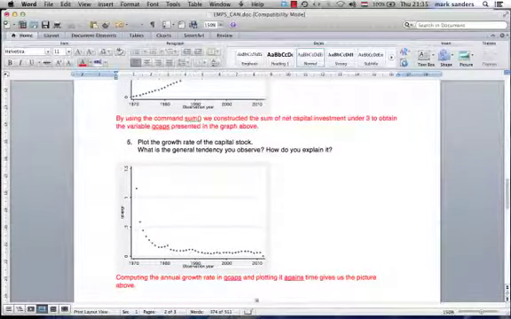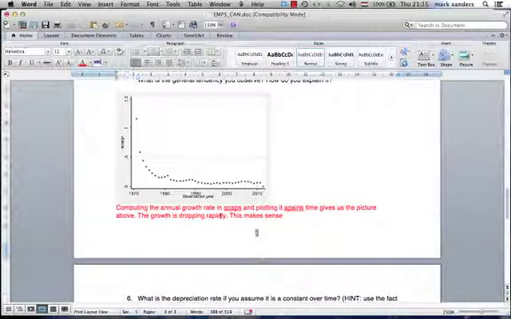Now, what do you see in this picture? Well, the growth rate is dropping rapidly. This makes sense. Why does it make sense?